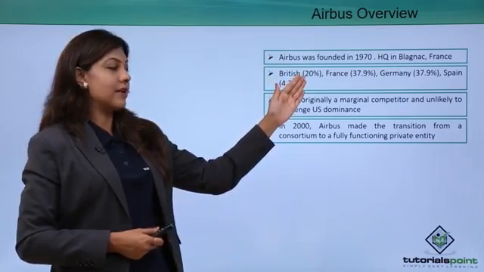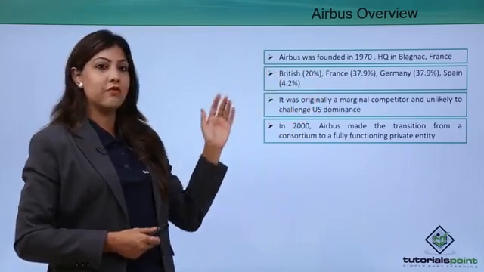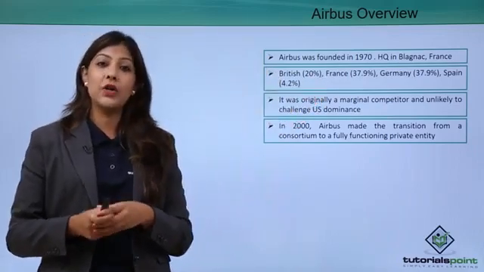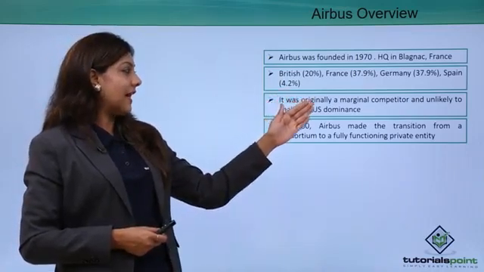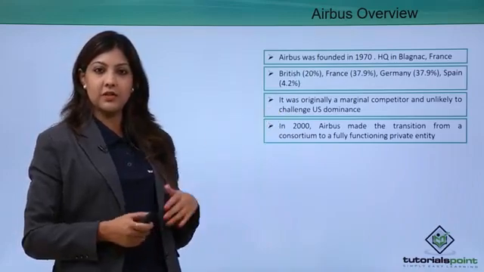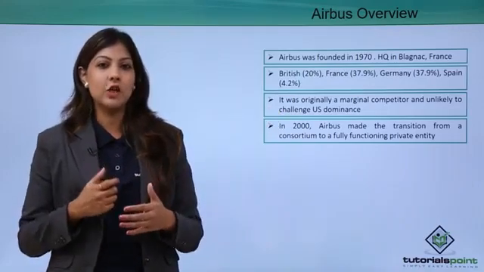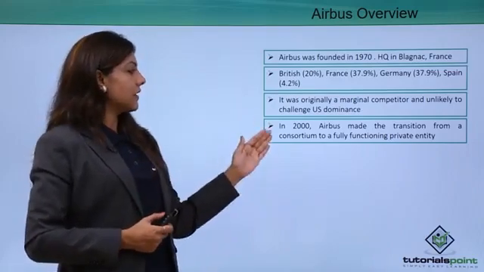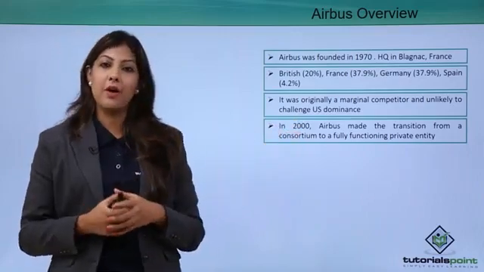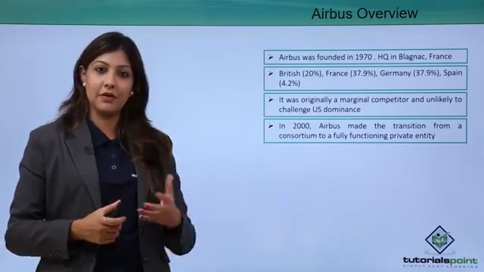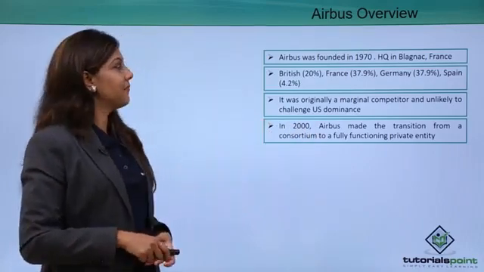France has 37.9%, Germany has 37.9% and Spain has only 4.2%. It was originally a marginal competitor and unlikely to really challenge US dominance. So when Airbus started, it was not really doing that well and it really did not have any competition as such. In 2000, Airbus made a transition from a consortium to a fully functional private entity.